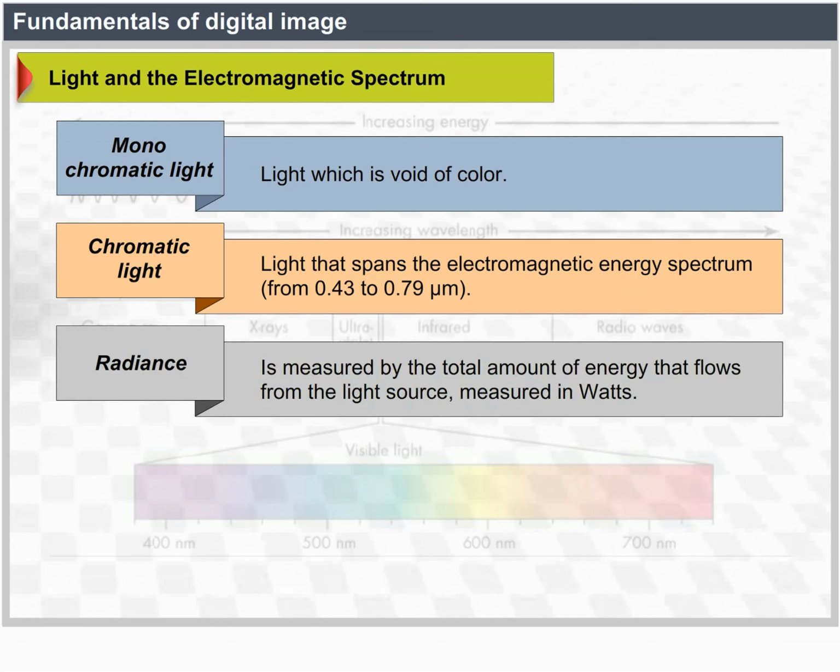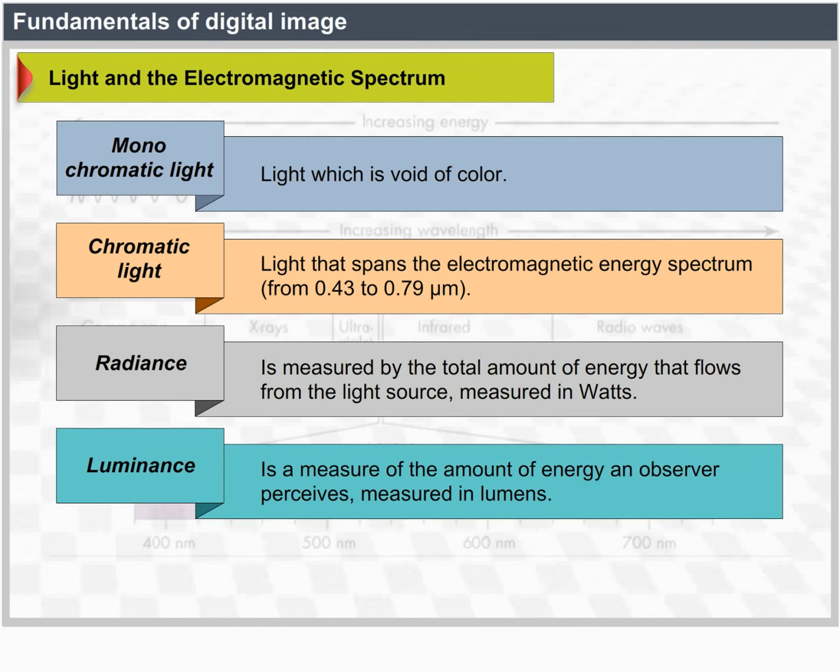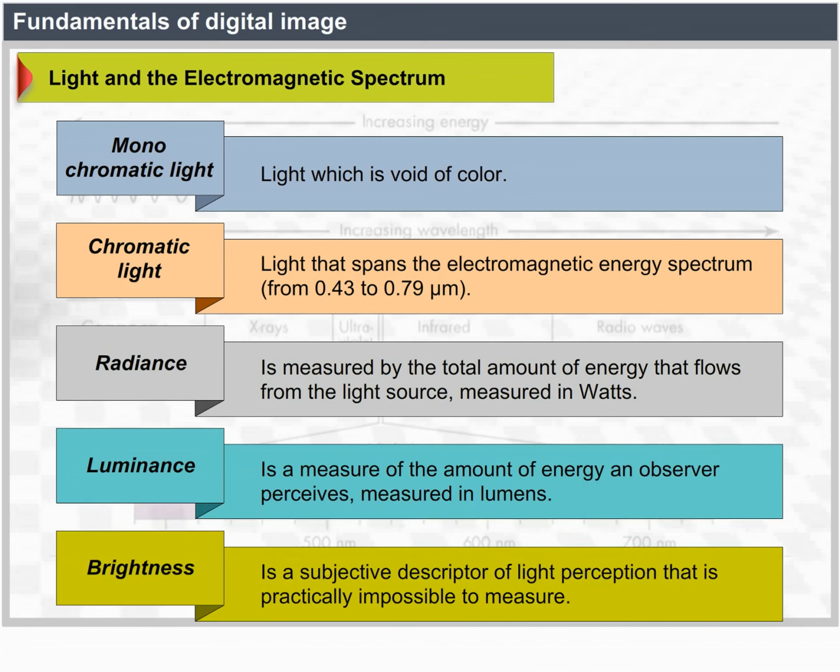Radiance, the total amount of energy that flows from the light source, measured in watts. Luminance gives a measure of the amount of energy an observer perceives, measured in lumens. Brightness, it is a subjective descriptor of light perception that is practically impossible to measure.